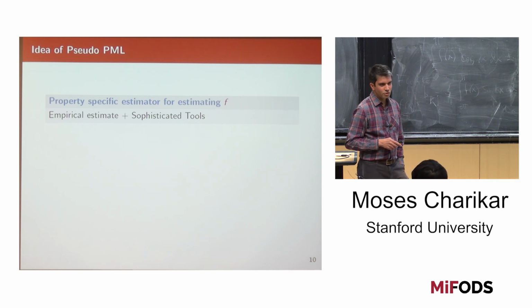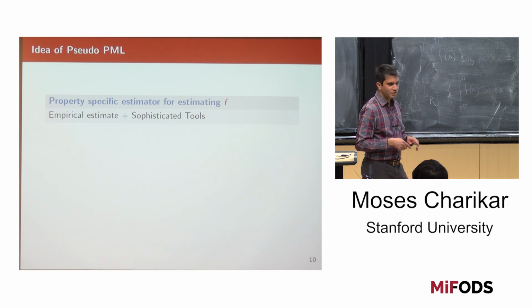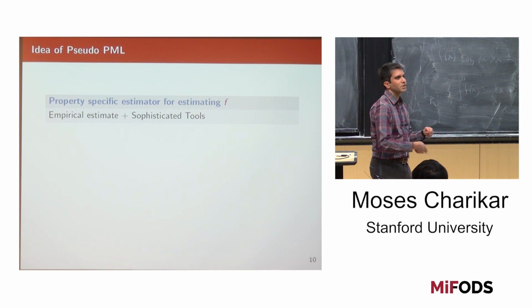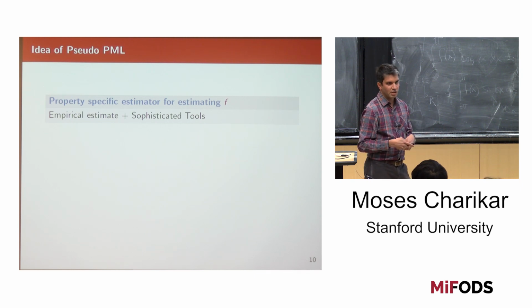But there are various things that you could do. You could take the empirical estimate and do various sophisticated massaging on your empirical estimates to do better. In fact, many of these property-specific estimators do exactly this. They take the empirical estimate, and somehow they apply some sophisticated tools to massage these empirical estimates.